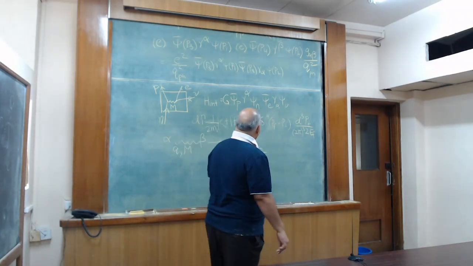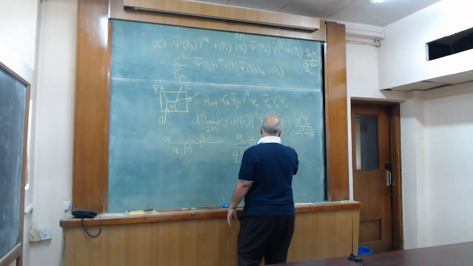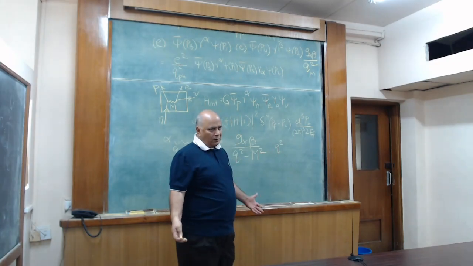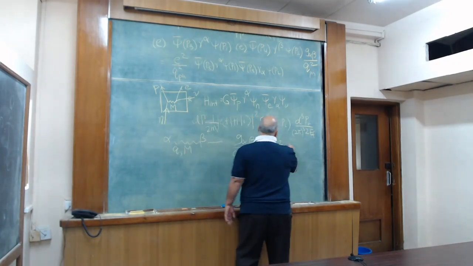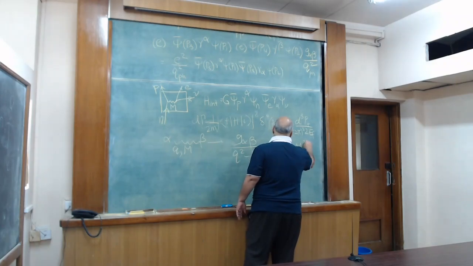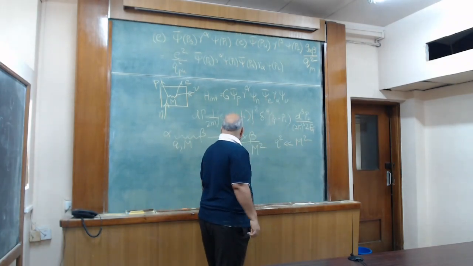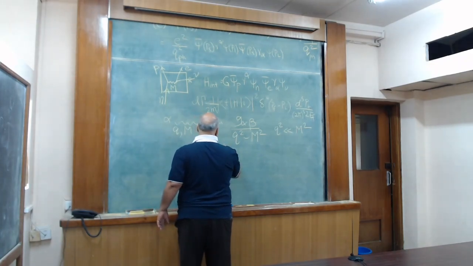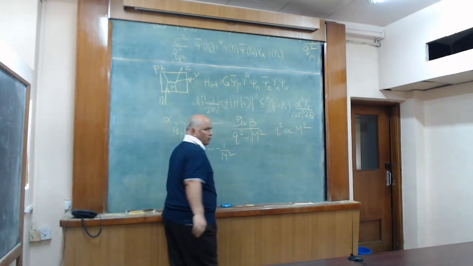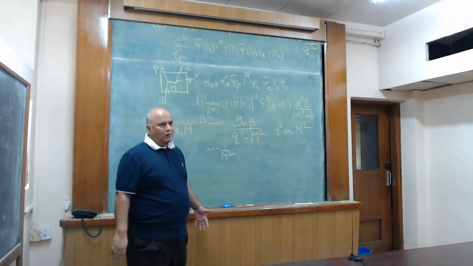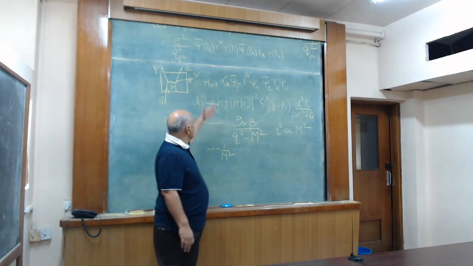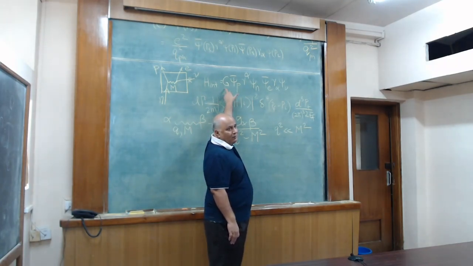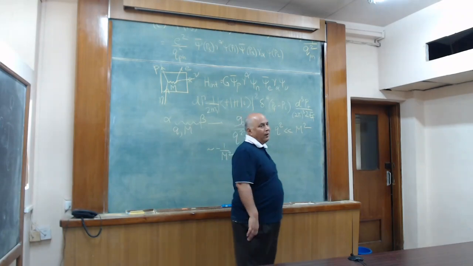And if you argue that the values of q squared that you consider are much less than m squared, then this becomes just a constant. So I justify the Fermi coupling constant being a constant.